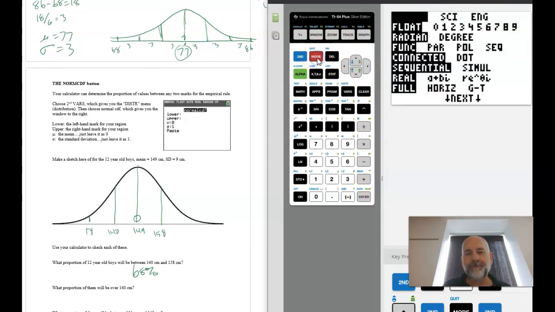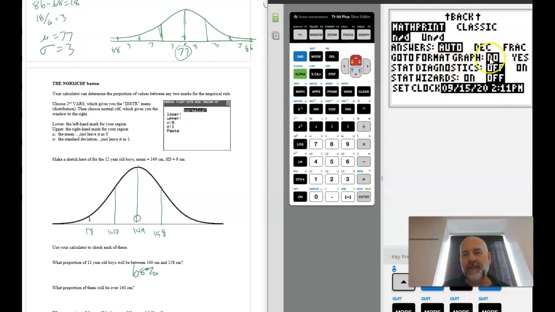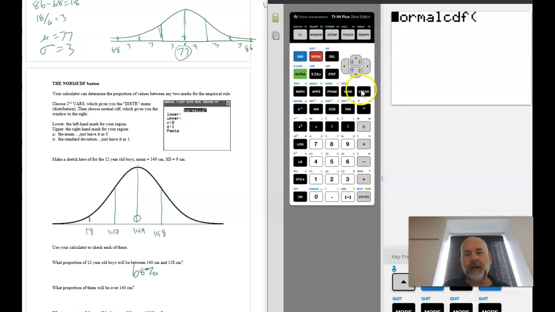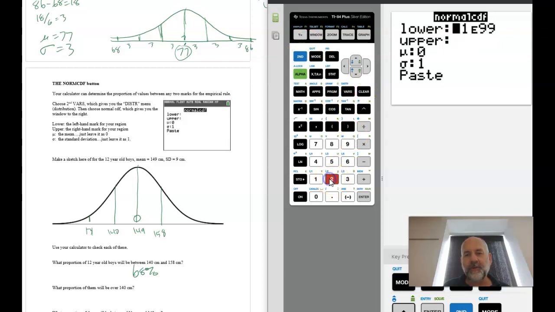On the old 84 Plus, go to the second page, where there's a setting that says Stat Wizards. Turn it on, and then when you do 2nd DISTR, number 2, you'll get the Stat Wizard stuff and be able to type the values in.